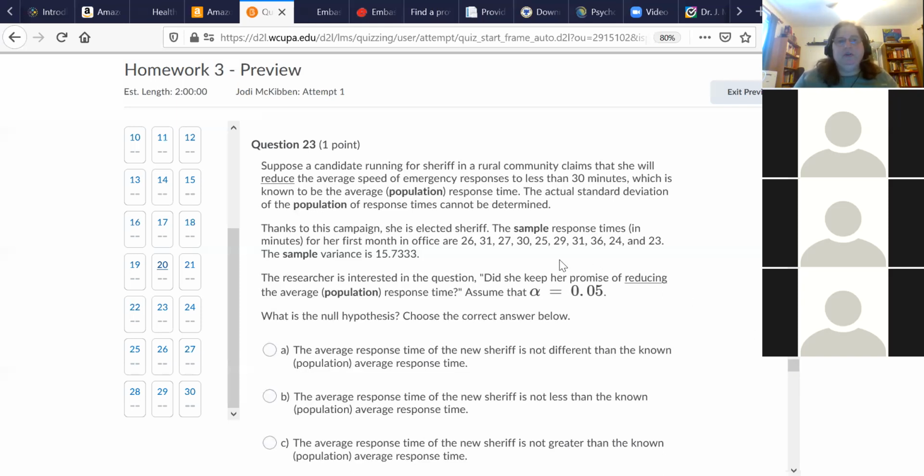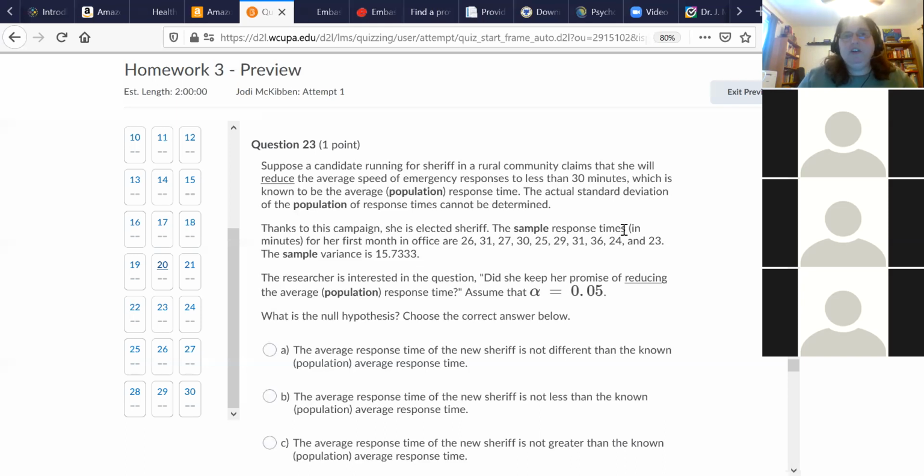Okay, so sample variance is given here. So this is our S squared. So we're given variance. So what's the next step now? Same thing, calculate standard error of the mean. But before I do that, I'd like to know which test this is, right? That's going to be important.